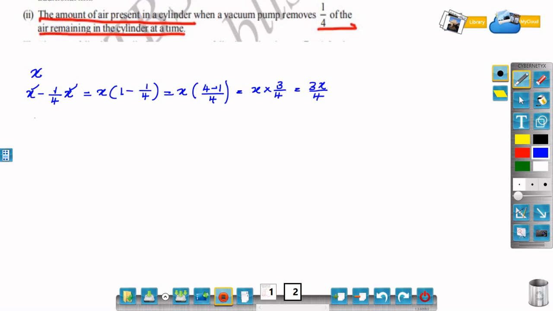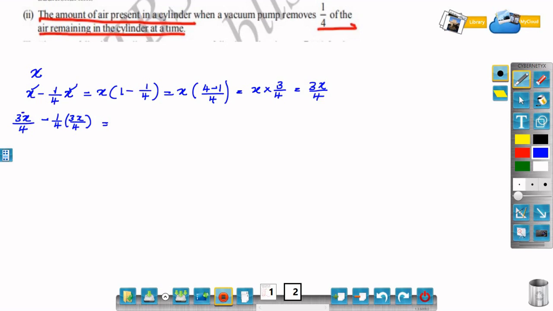Now again the vacuum pump is inserted and 1/4 of the air is removed. 1/4 of this 3x/4. Now the amount of air present in the cylinder is 3x/4, and from that 1/4 of this is removed.